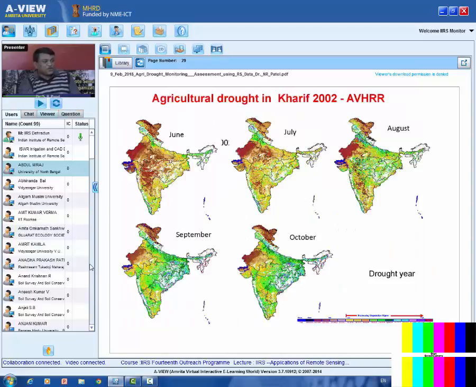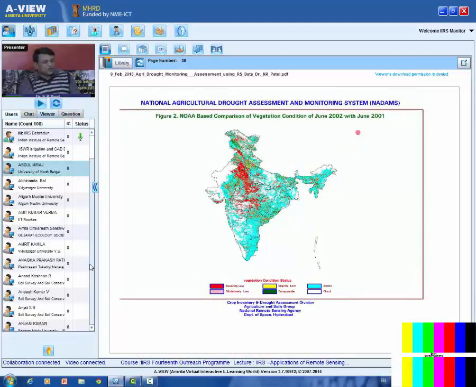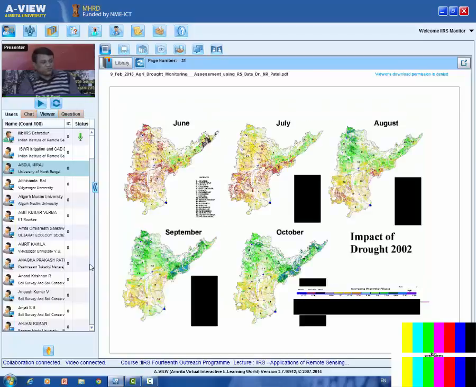Here you can see for 2002, this brown area is under drought, meaning very poor vegetation condition. Then 2002 against 2001 in June, you can see this red area has very low vegetation vigor. That means it is affected by drought.